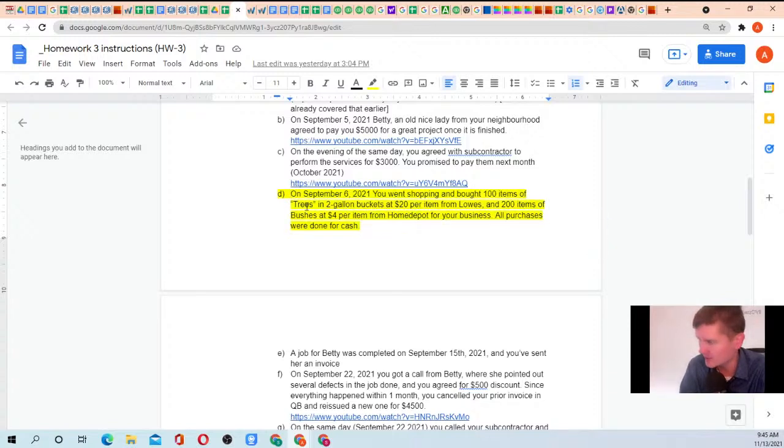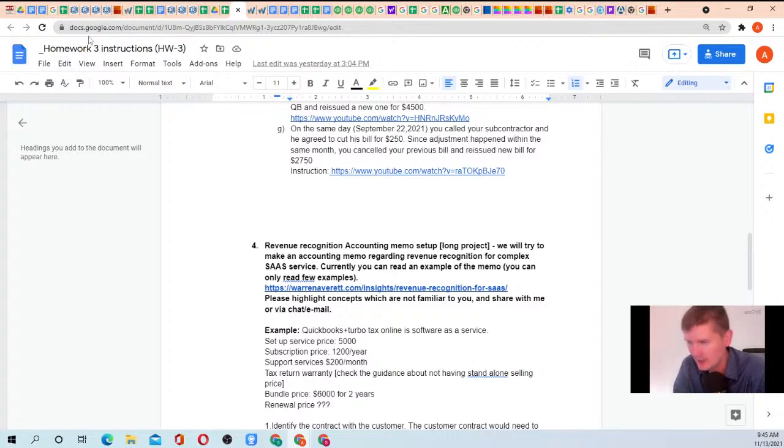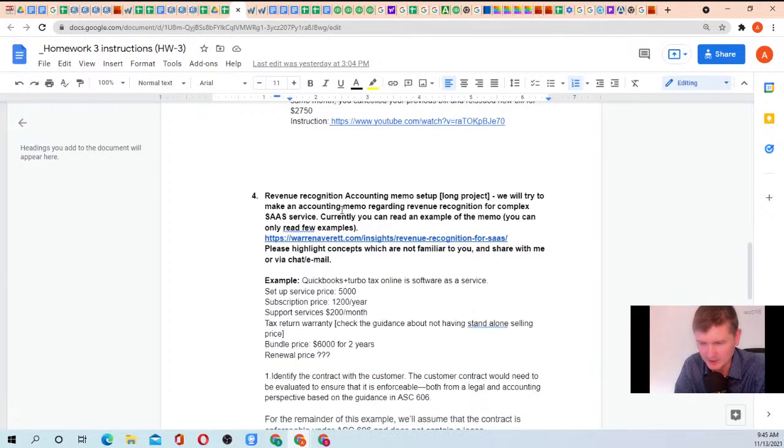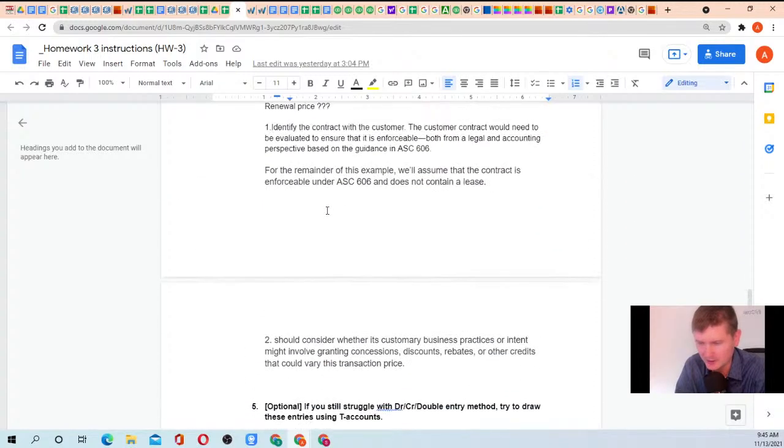But I will provide the links later today after the session. We have QuickBooks here. And we also have revenue guidance, and a task where we dig into revenue standards and try to apply them to a complex transaction.